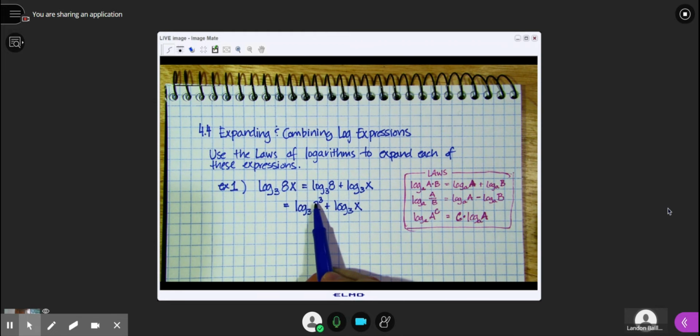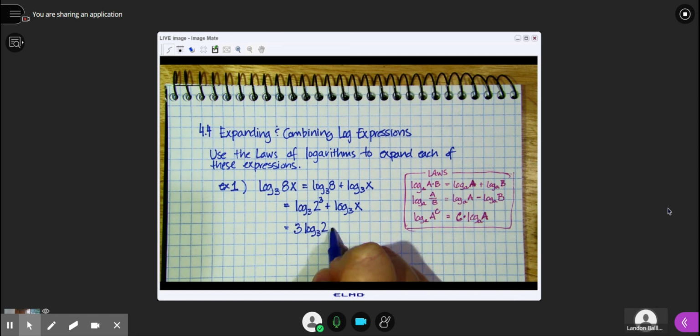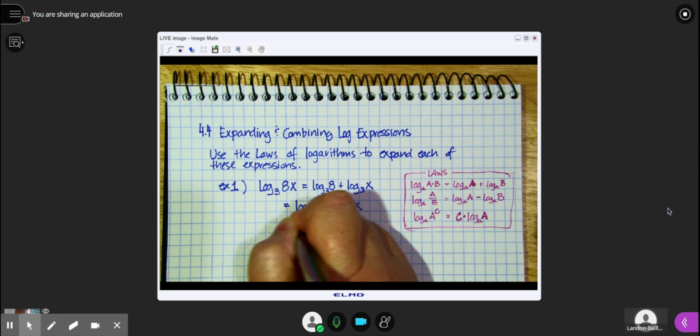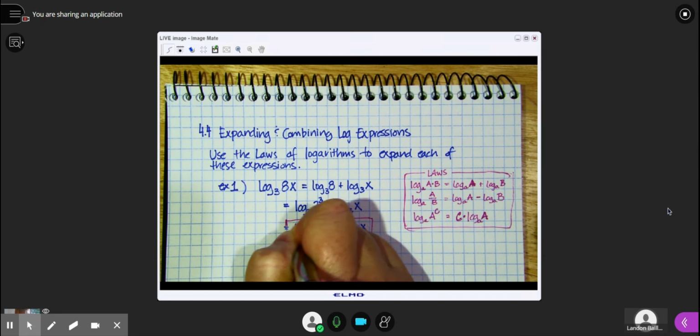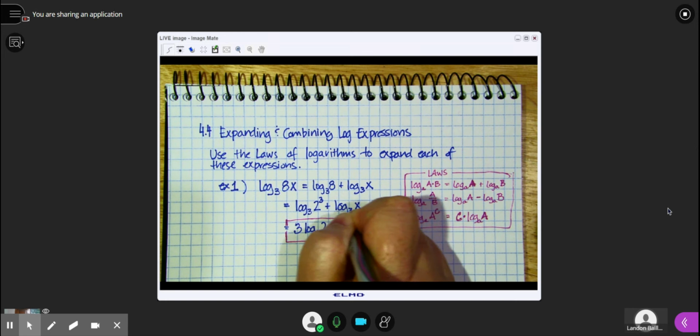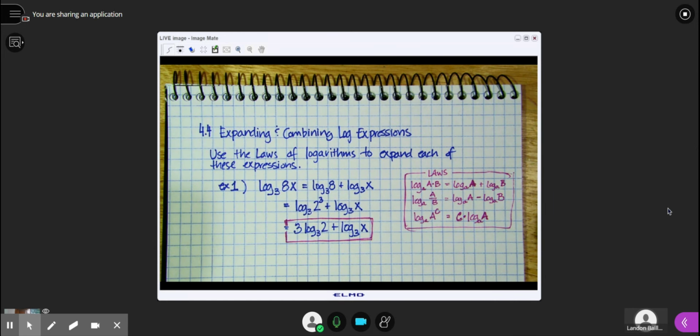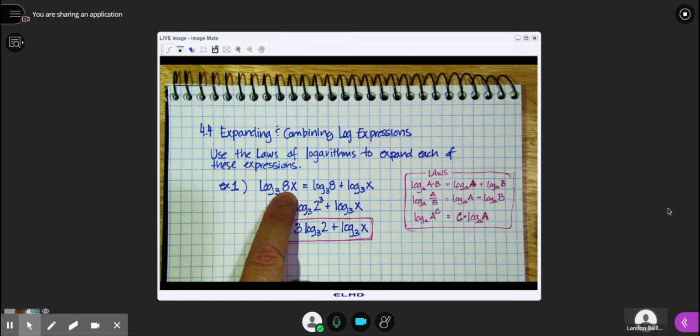And I wanted to do that because once I write this as 2 to the third, then I can use the third law to expand this further as 3 times log base 3 of 2 plus log base 3 of x. This is expanded. Yep. So now I have expanded this out as far as I can, and log base 3 of 8x would have the same answer as 3 times log base 3 of 2 plus log base 3 of x.